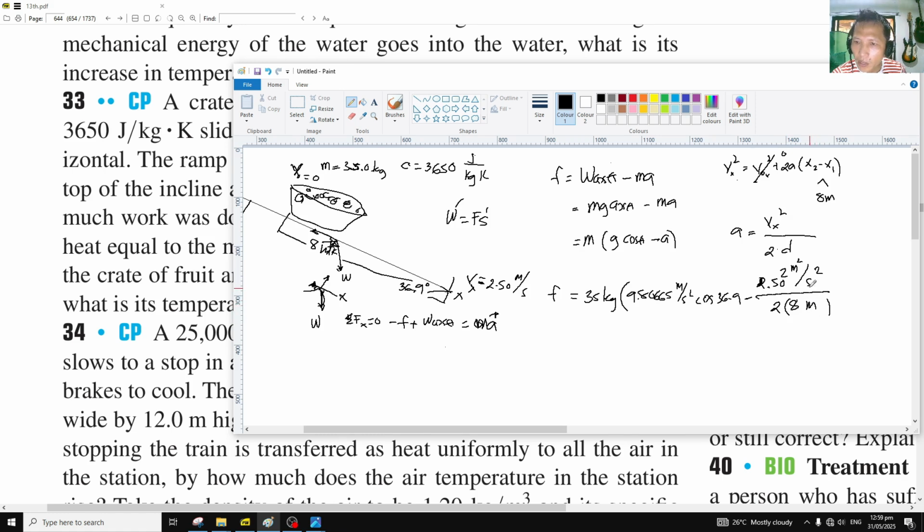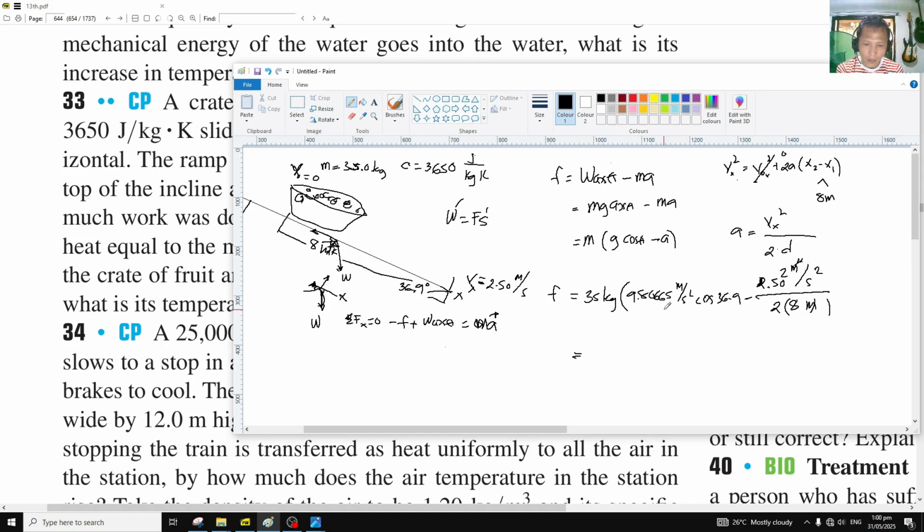The meters cancel here, so your frictional force would be in terms of newtons, kilograms meters per second squared.